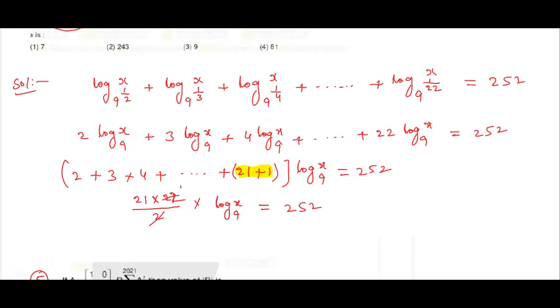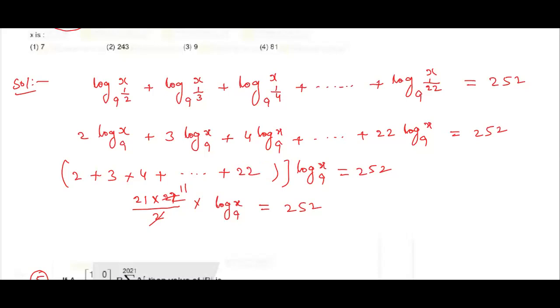Here we are getting 11 into 21. How much do we get, students? In this case, the right hand side 252 is there, not going to cancel. And do a small correction here: in place of 22, I wrote 21 plus 1, write 22 only.